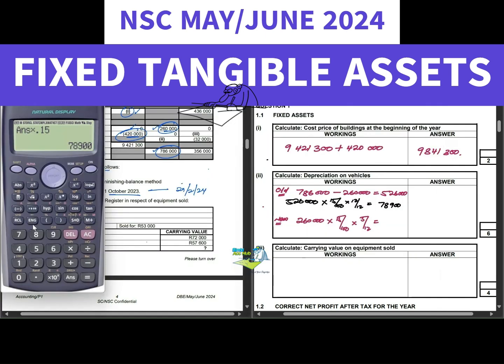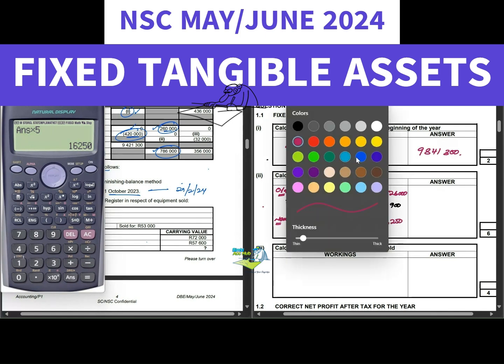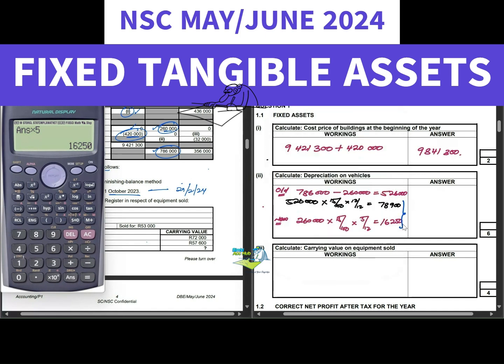Okay, let's come here then. And then we say my 260,000, then I multiply that by 15%. And then I divide it by 12 and I multiply by 5. And then that will give me 16,250. Then I'm going to add these two amounts, and that will give me my depreciation for the year.